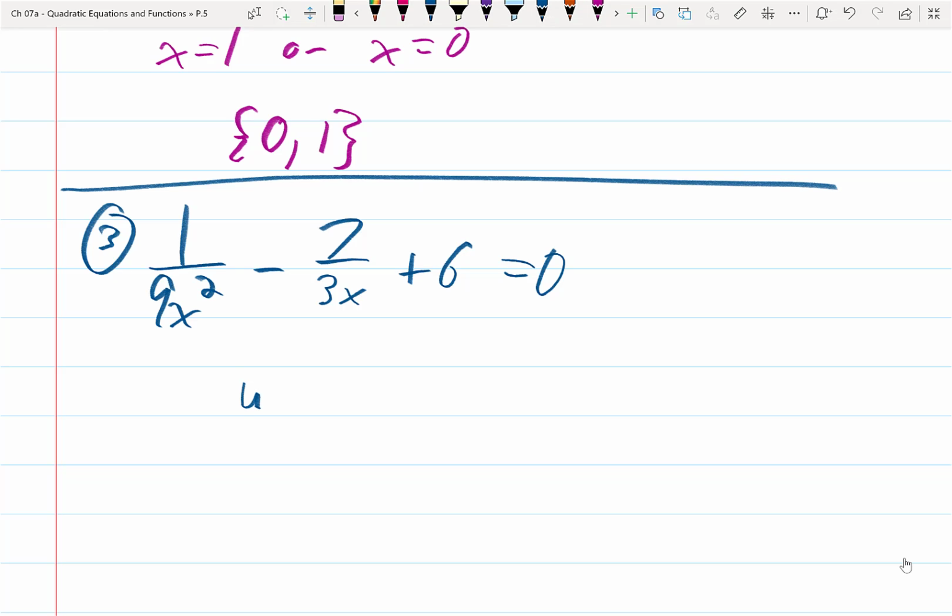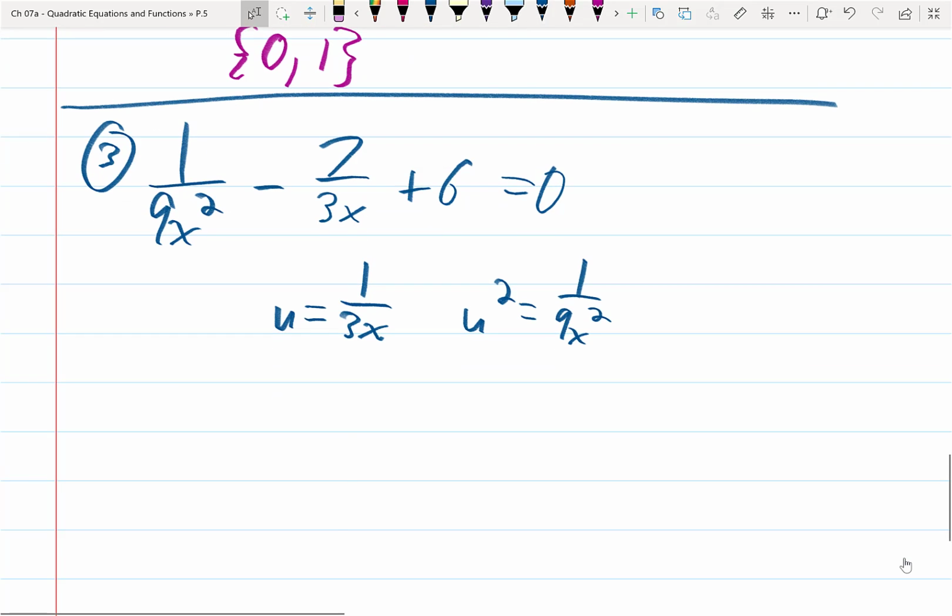I'm going to make this a little bit simpler. Instead of letting u equal 1 over x, I'm going to let u be 1 over 3x, because then u squared is 1 over 9x squared. You want to do the most consistently large thing possible so that you make this problem easier. You get u squared minus 7u plus 6 equals 0.